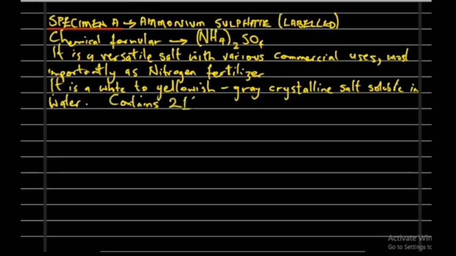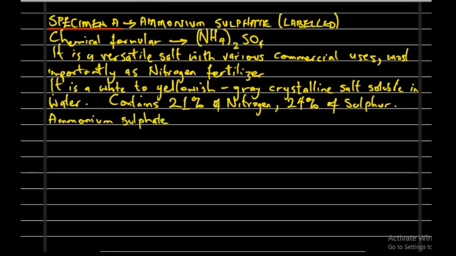Contains 21% of nitrogen and 24% of sulfur. This particular substance adds acidity to alkaline soils, because it's an acid compound.